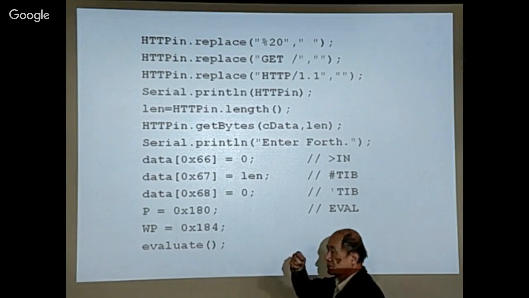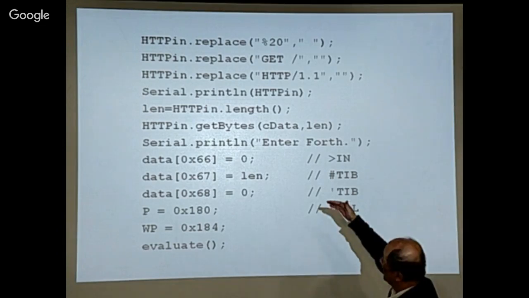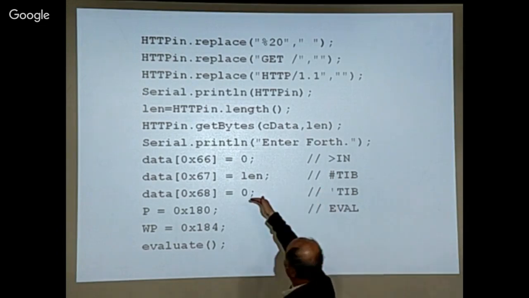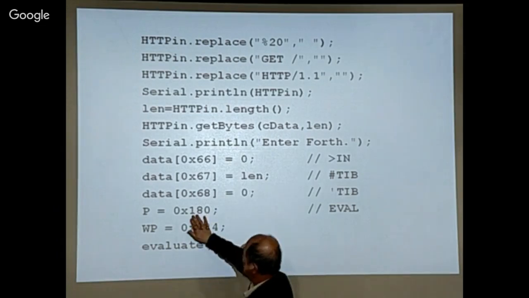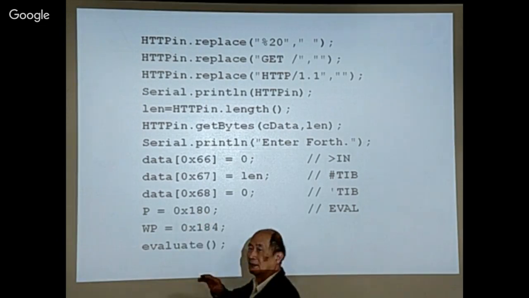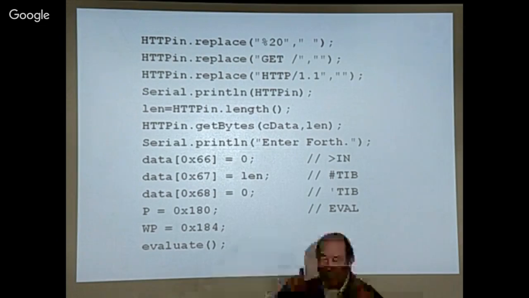Once you have the TIB properly stuffed, the address of eval in the virtual Forth memory is at 180.